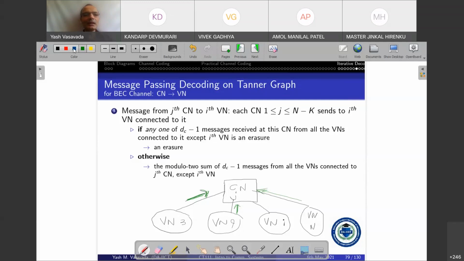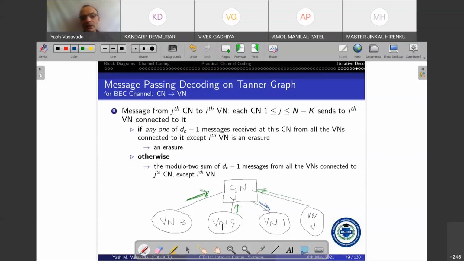And then on the basis of that, it is going to send a message to VNI. Now remember, this CNJ is nothing but the single parity check code. That is what this diagram says. So the algorithm that CNJ has to do is very simple. It is the algorithm for decoding of the SPC code that we have already looked at.